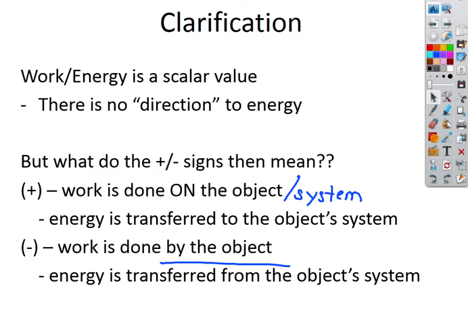So positive work means energy is being added to the system. Negative work means energy is being pulled from the system. Again, that's not energy that's just lost forever. It's going out to the environment. It's going out to the universe, however you want to say that. We usually will just say environment. We don't go so large as the universe. All right? But that's what's going on.